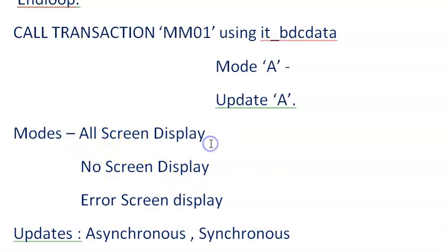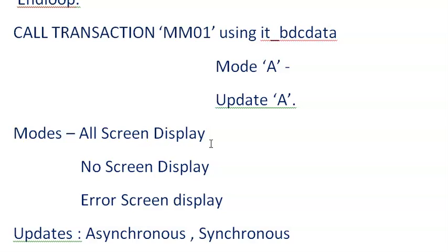All screen display means when we are executing it, whenever the data is getting updated, all this data will be visible to us on the screen. Whatever is getting updated will be visible to us on the screen. This is all screen display. No screen display means if you execute, nothing will be displayed on the screen. Error screen means only error values will be displayed on the screen. When we do this on the system, it will be more clear for you.